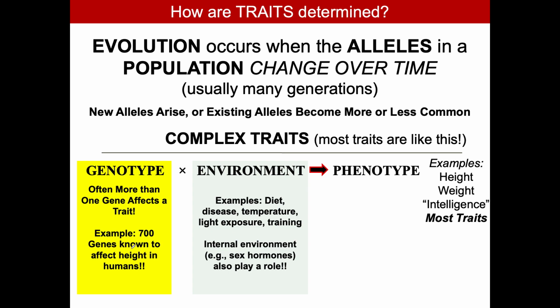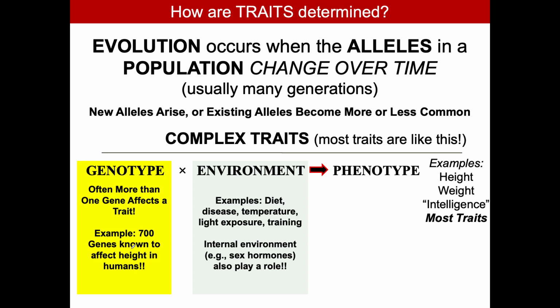Okay, so what about evolution? Well, evolution happens when genes or alleles in a population change over time. And this takes thousands of years. And so new alleles can pop up through mutation, and existing alleles can become more or less common.